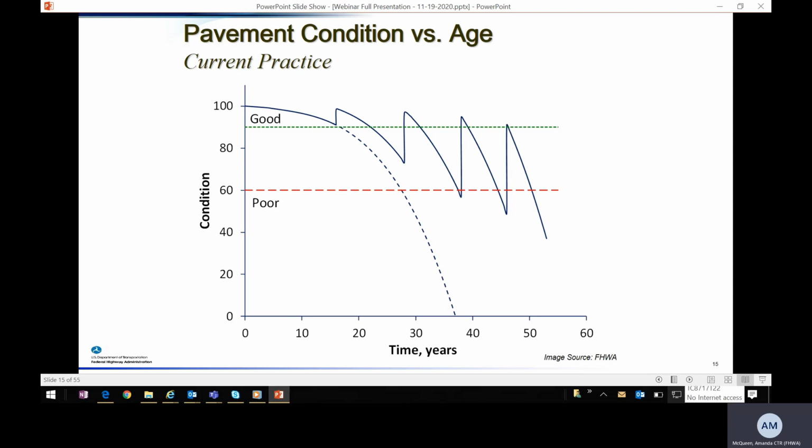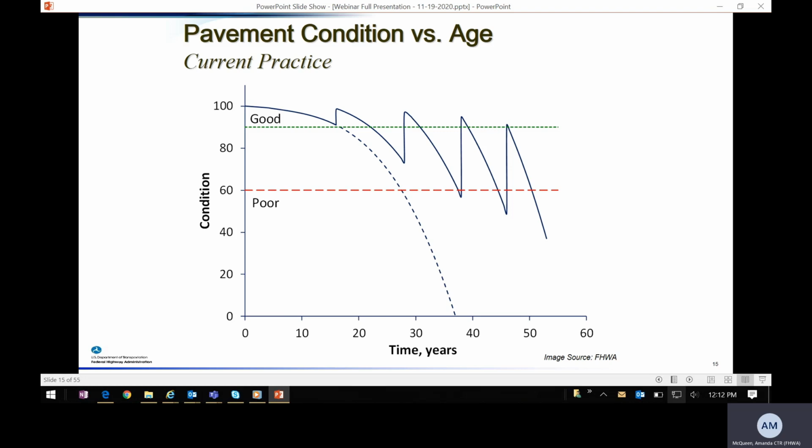Often, as soon as you rehab the pavement, conditions start to decline, and in some cases they decline pretty fast. So oftentimes, by the time the next rehab cycle comes in, the pavement dips into poor condition. And this is what we see in a lot of our pavements.